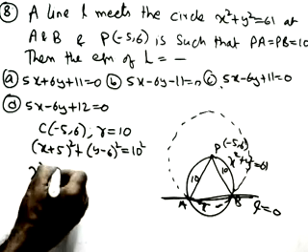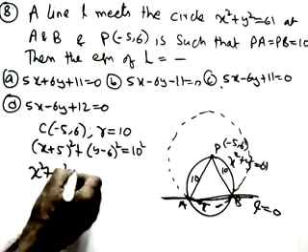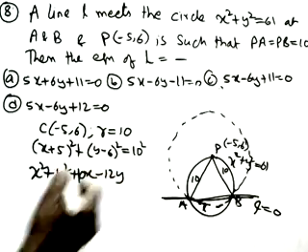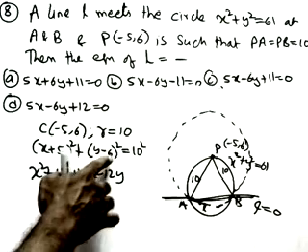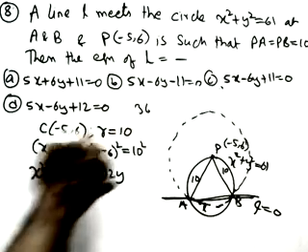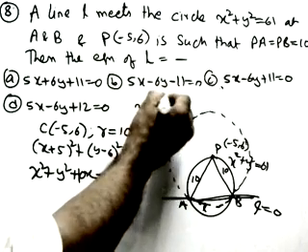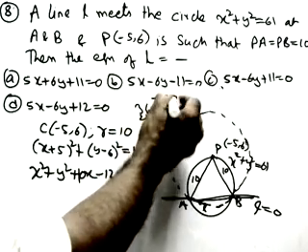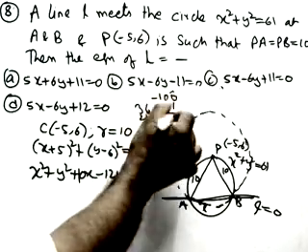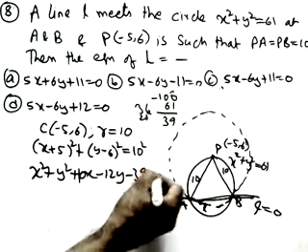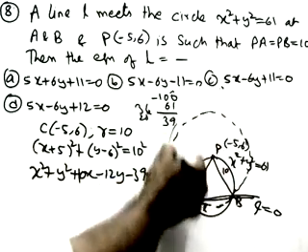Let me expand this one: x square plus y square plus 10x minus 12y, and the last is 36 plus 25, that is 61 minus 100, so minus 39 equals to 0.